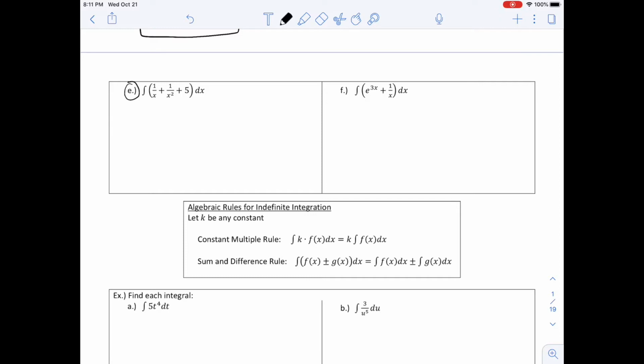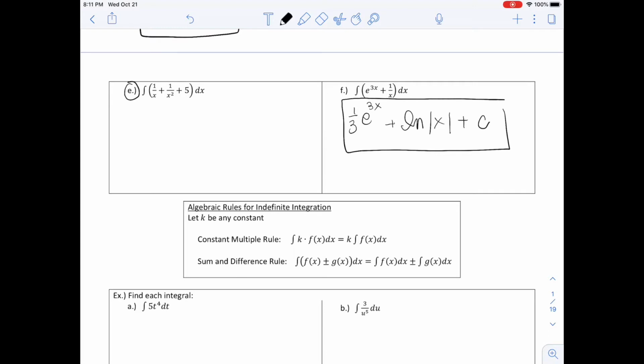And so e to the 3x, if you go back and look at your rules, it's going to be 1 over 3 e to the 3x plus, and then the antiderivative of 1 over x is going to be ln of the absolute value of x plus our constant c. And that would be all that we can have. Again, you can check this by taking a derivative. So you can do that, which is nice for when you have an exam.